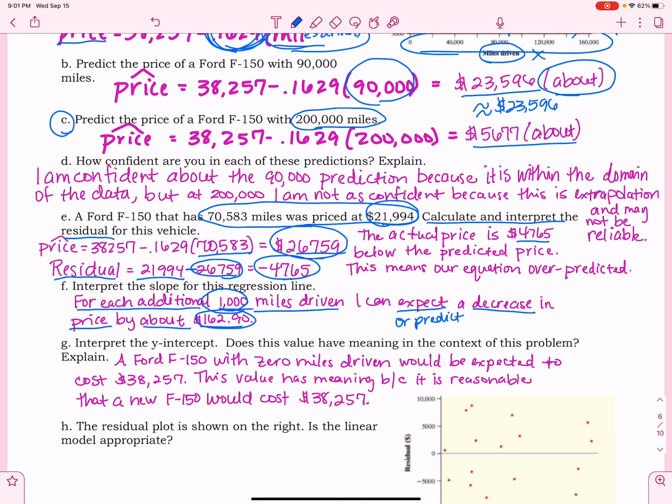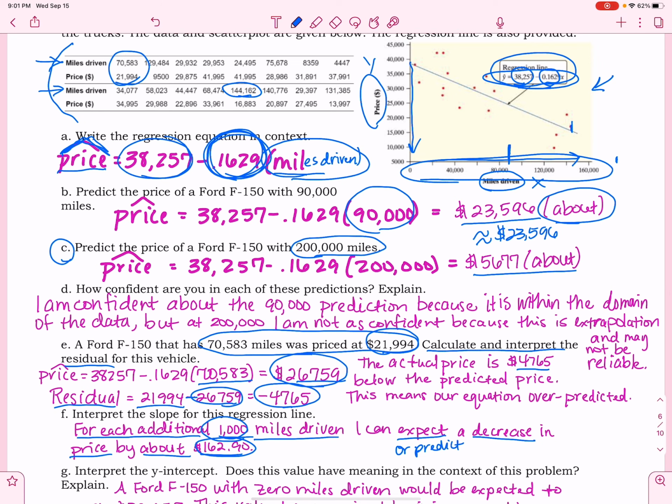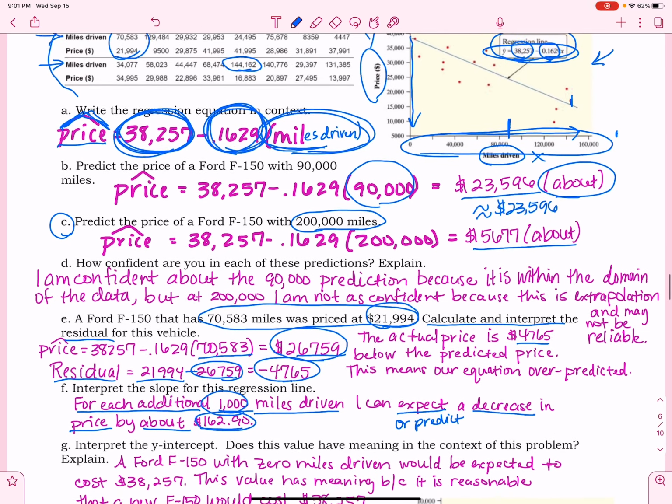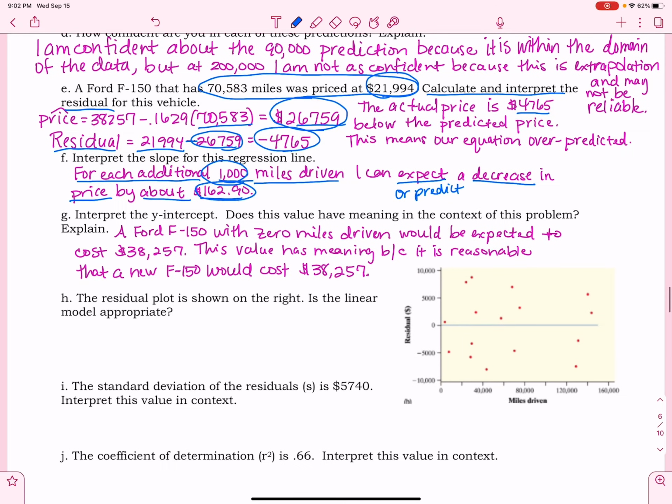All right, so now let's interpret the y-intercept. Well, the y-intercept is this value in my equation right here. So the y-intercept is going to be the value whenever miles driven is 0. So if I substitute 0 in for miles driven, that means I'm just going to be left with price equals 38,257.